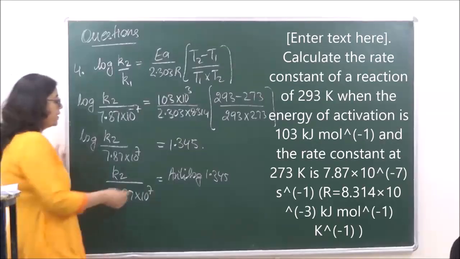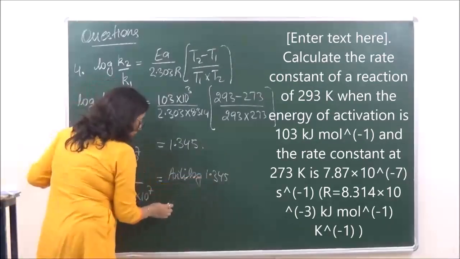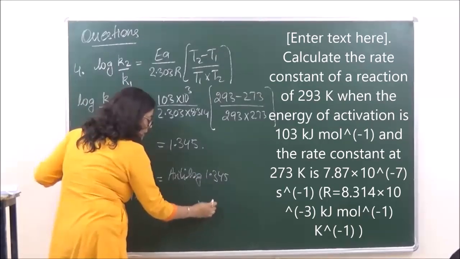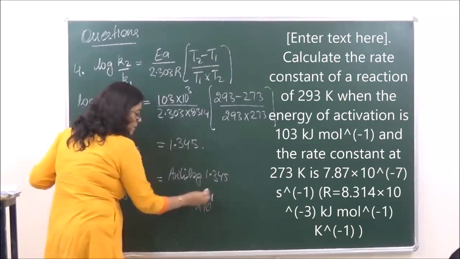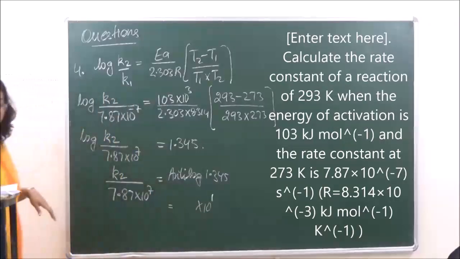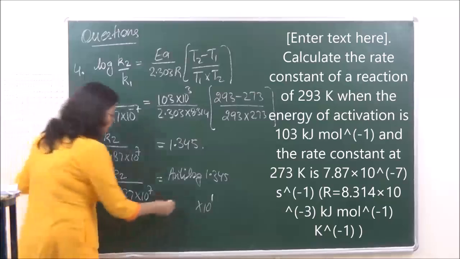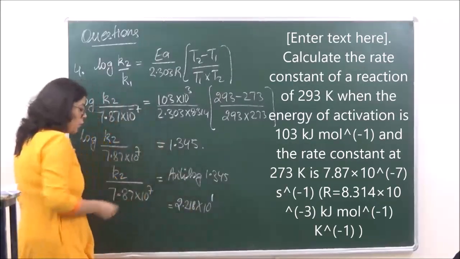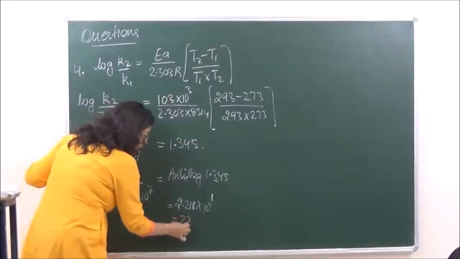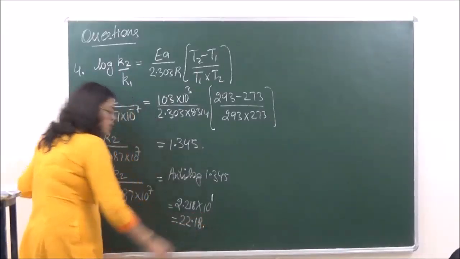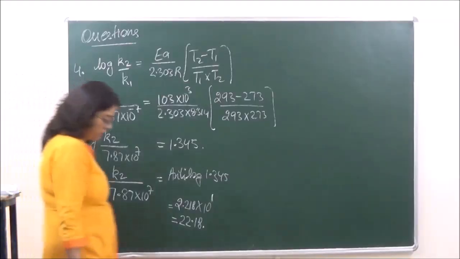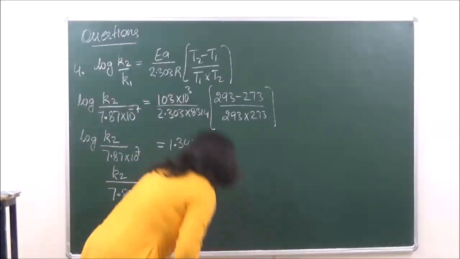Okay, over here again, the digit which is on the left hand side of the decimal has to be taken as a power, 10 raised to power 1, and the anti-log of 0.345 is 2218. Right? Or this can be written as 22.18. Okay? So what is going to be the value of K2 now?